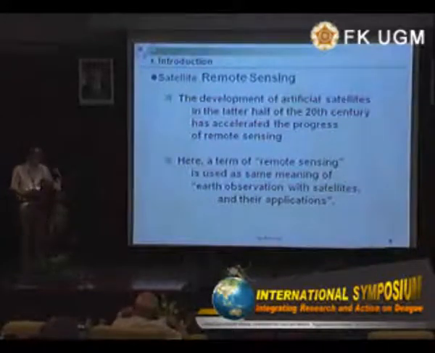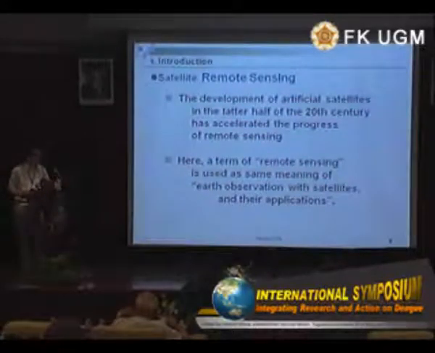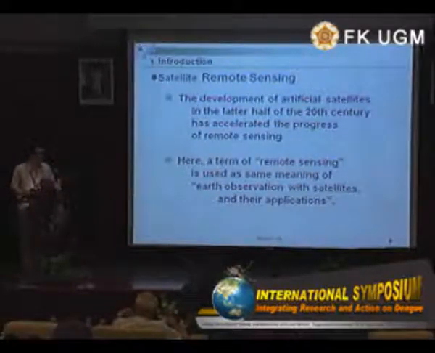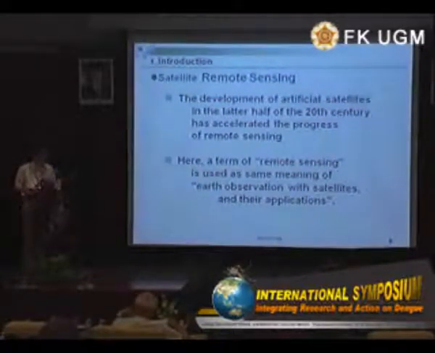In this presentation, remote sensing is used with the same meaning as Earth observation with satellites and their applications. So, I call them satellite remote sensing.